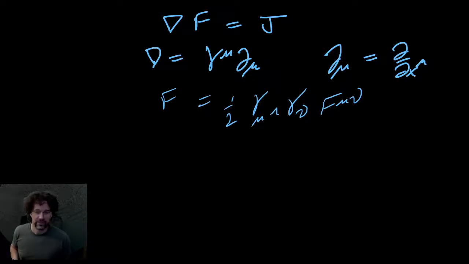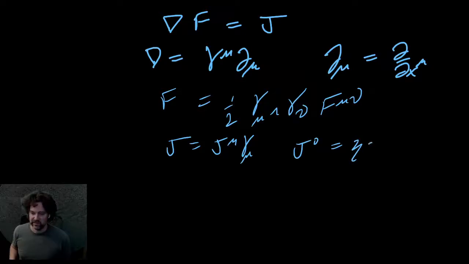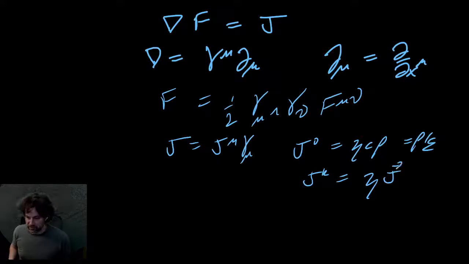And our J, we wrote as J^mu gamma_mu, where J^0 was eta c rho, or rho over epsilon, and J^k was eta vector J dotted with e_k.